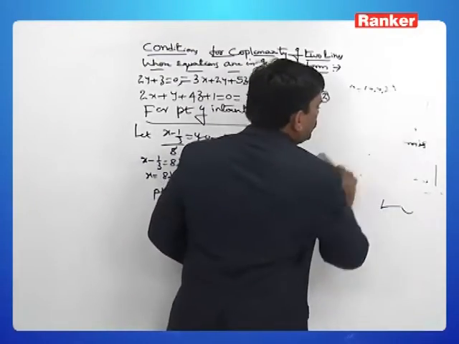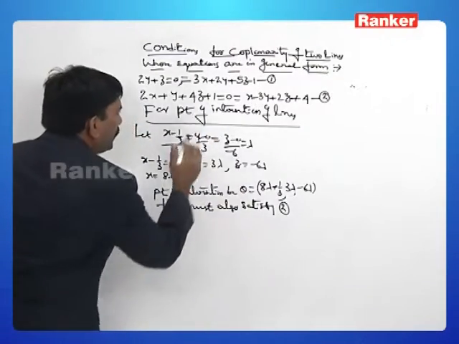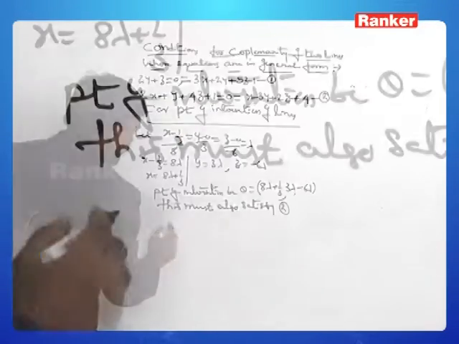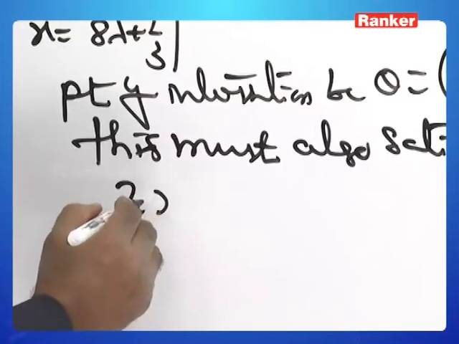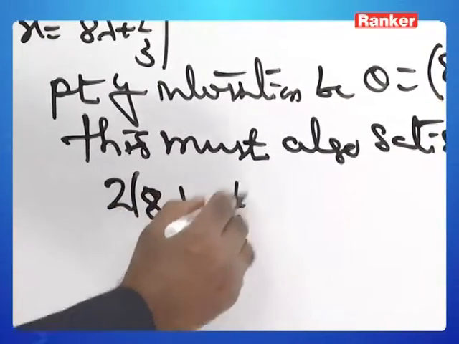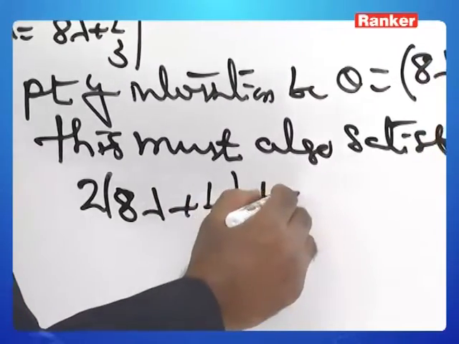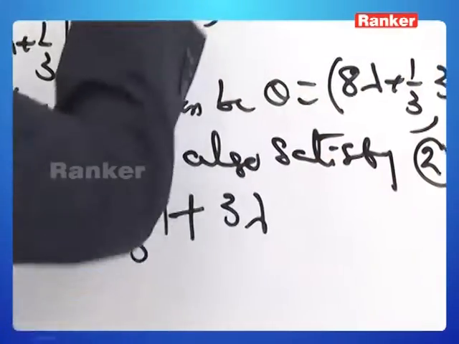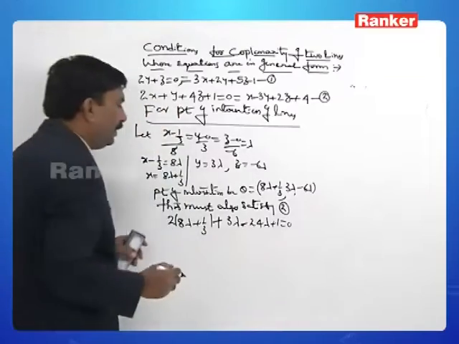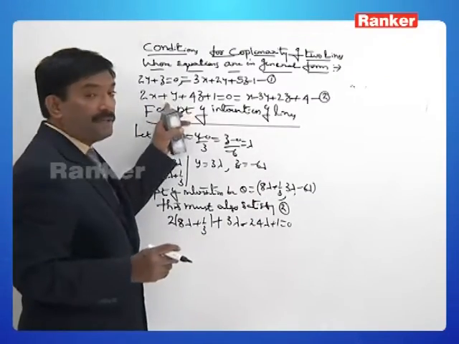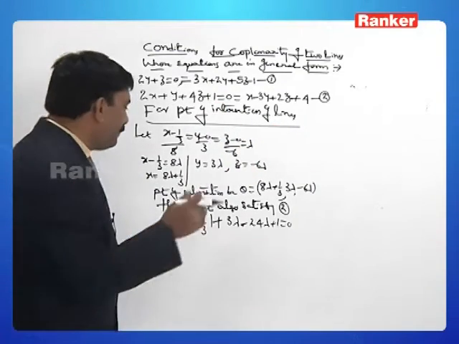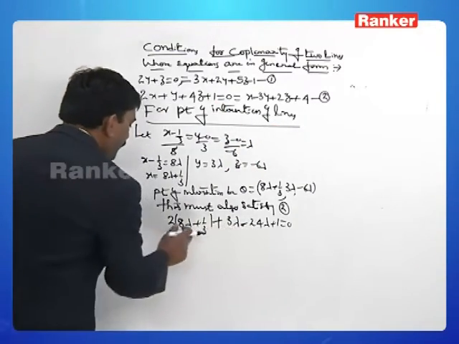Now you substitute in the second plane. So these are the planes separately. If I take the plane separately, this one is 2 into (8 lambda plus 1/3) plus 3 lambda minus 24 lambda plus 1 is equal to 0. This point must satisfy the planes. If we take these equations separately, they are planes. Together they form lines.